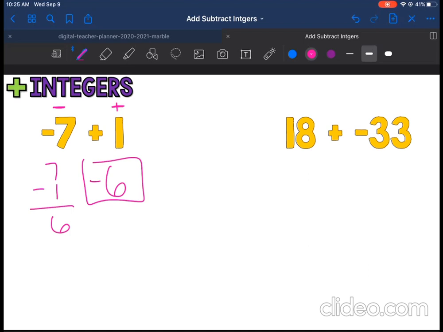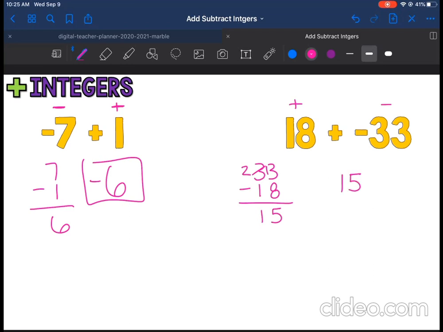18 plus -33. 18 is positive. -33 is negative. So do I have same signs or different signs? Different. So do I add or subtract? Subtract. So let's subtract, 33 minus 18. What's 13 minus 8? 5. 2 minus 1? 1. 15.